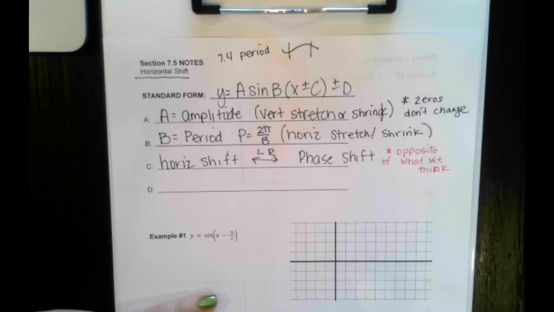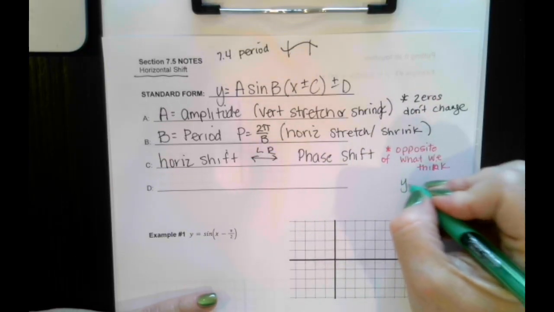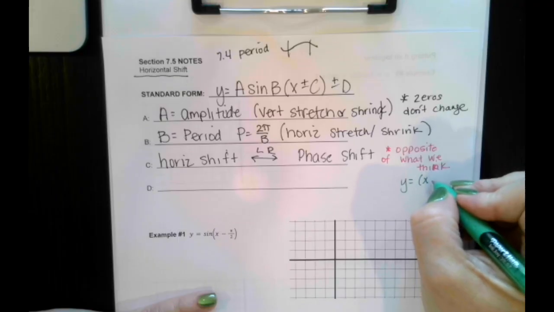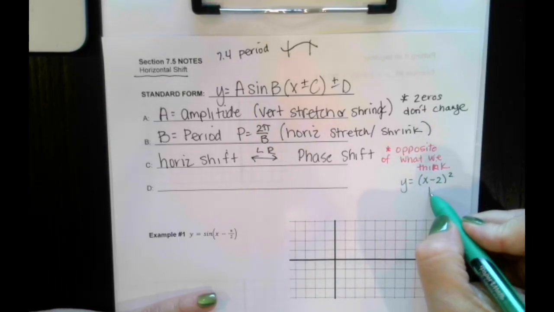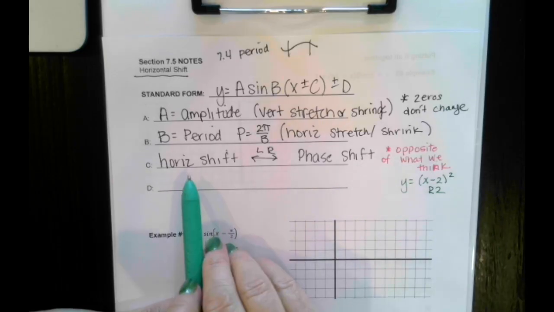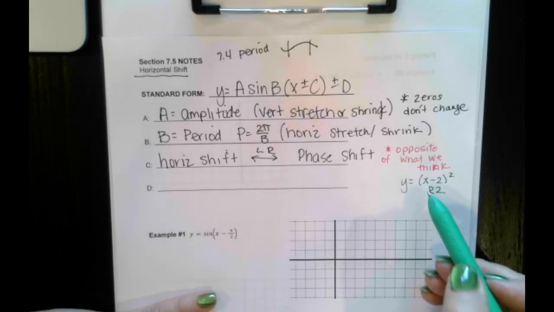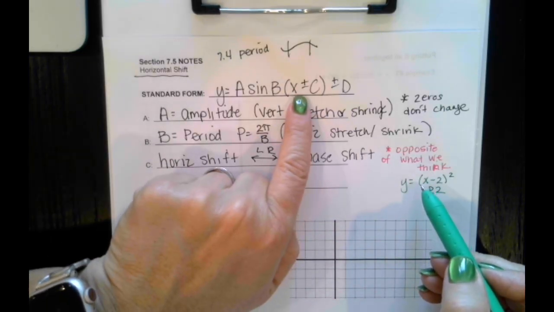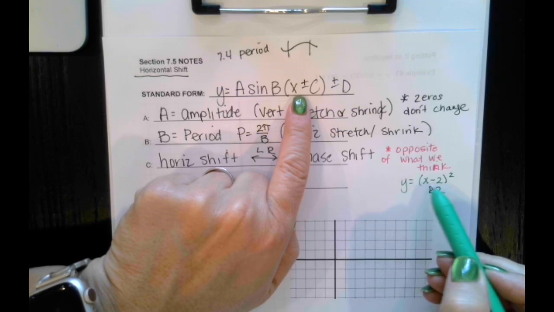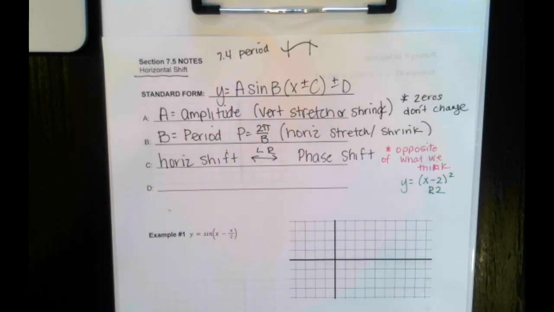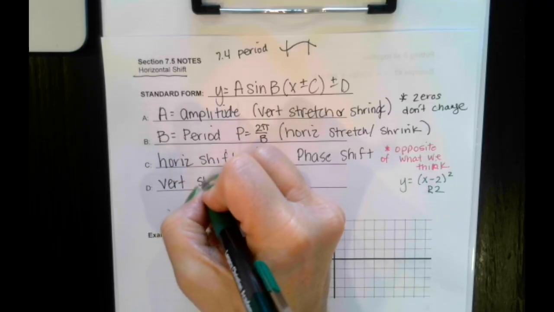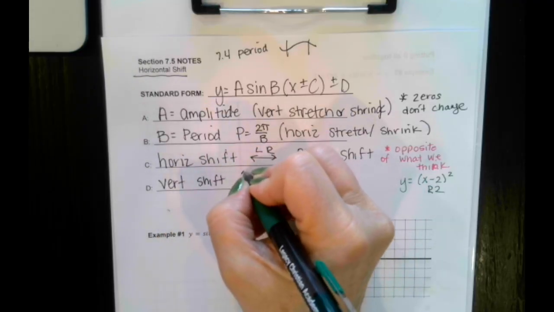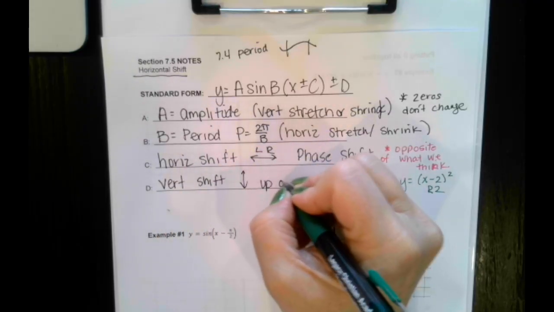Let me put this in perspective. If I had some quadratic and I said x minus 2 squared, we would say that this goes to the right by 2. With our trig function, it's the same thing. The C value is inside the parentheses, so it's going to be opposite of what we think. And then our D value, this is our vertical shift, and this is when we go up or down.